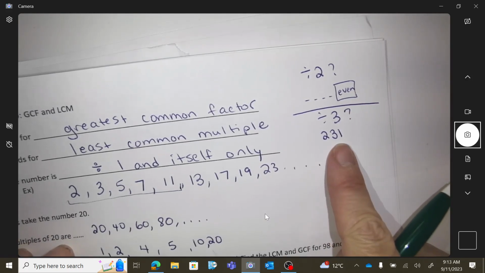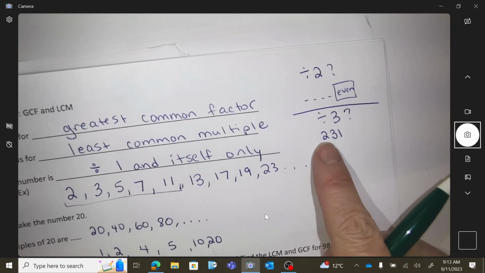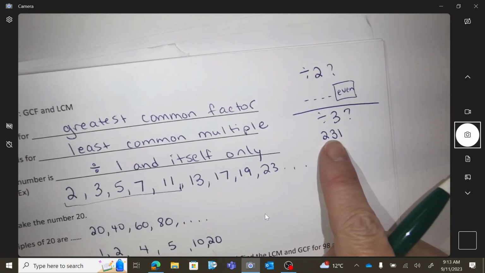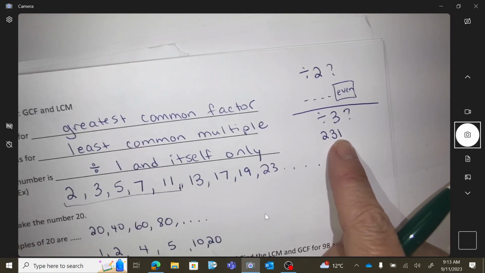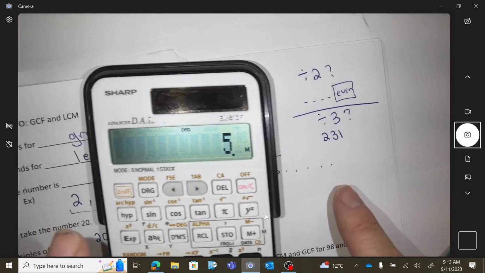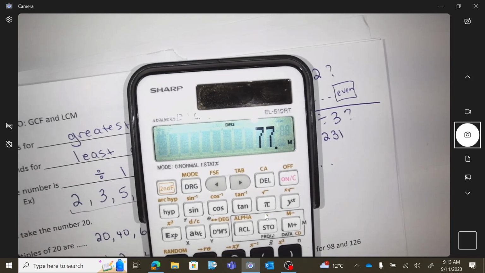So 231, it's divisible by 3. How did I know that? Does anybody know the trick? A little bit of a trick. You can add its digits up. So if I go 2 plus 3 plus 1, that's 6. 6 is divisible by 3. This number is divisible by 3. So 201 is divisible by 3.